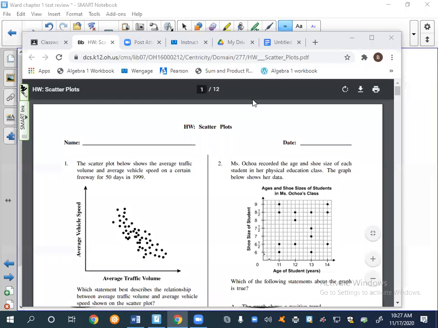Resume recording. Google Classroom. If you click on the link in Google Classroom, this assignment will pop up right here. You'll also need a piece of paper to write down the answers for this assignment.